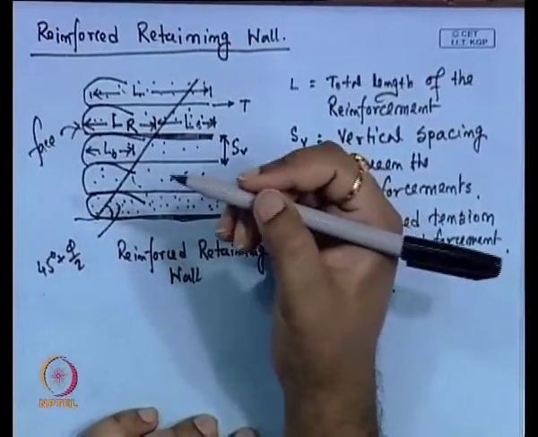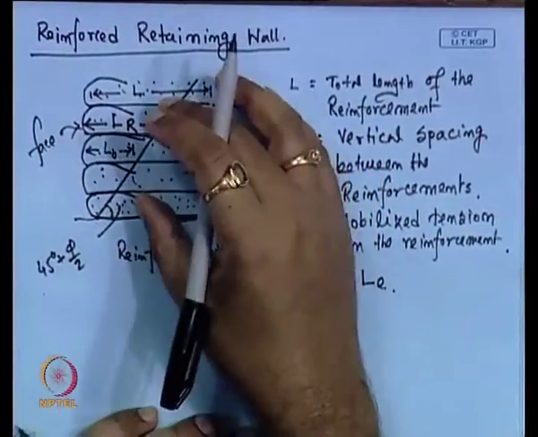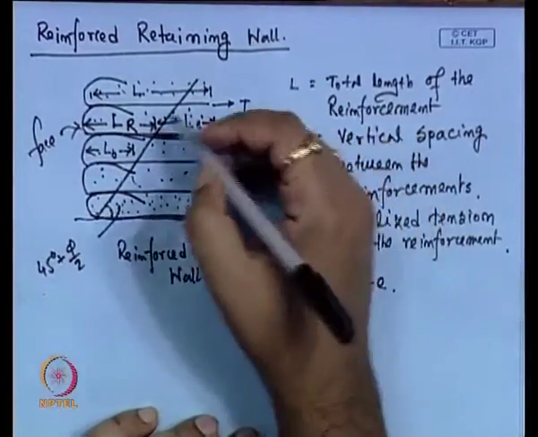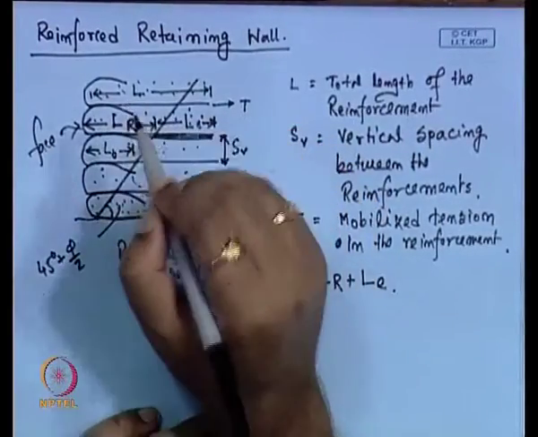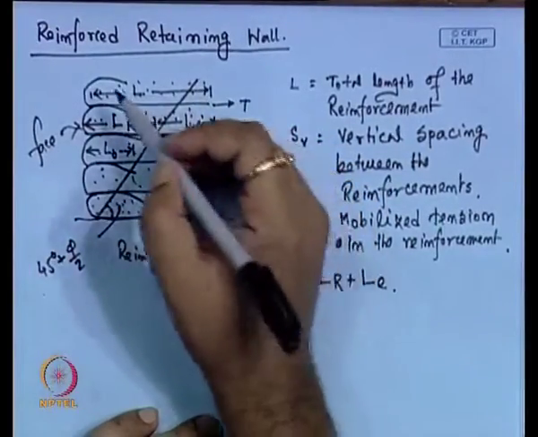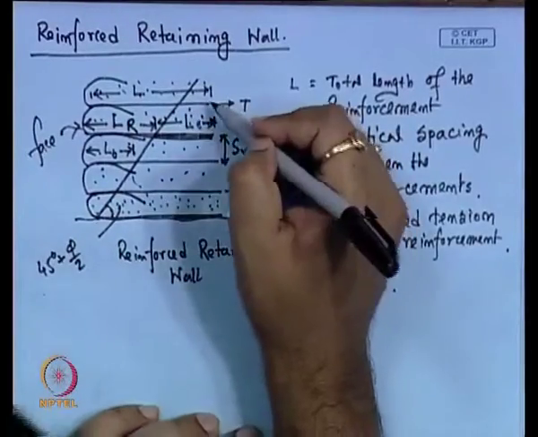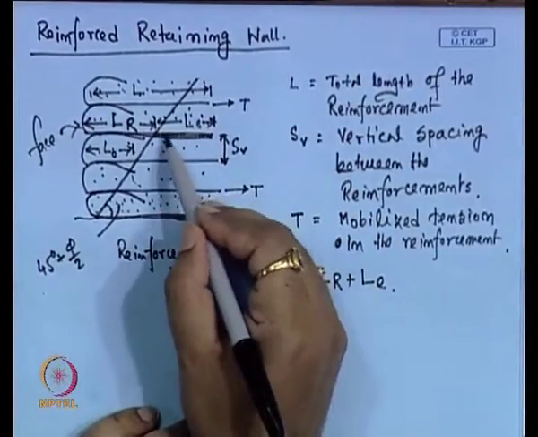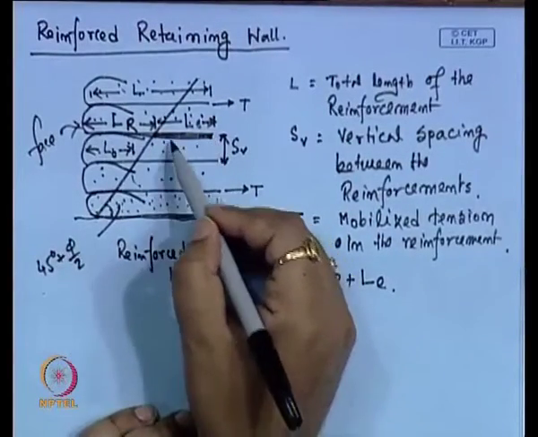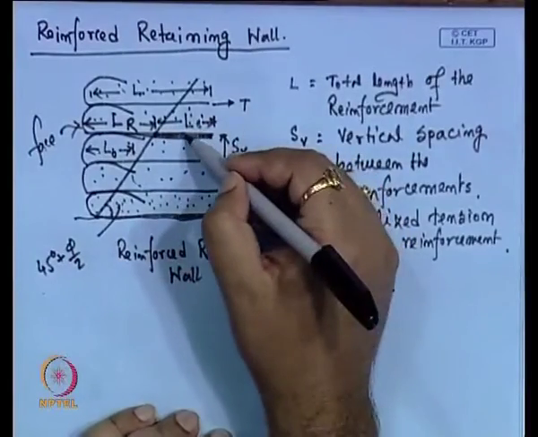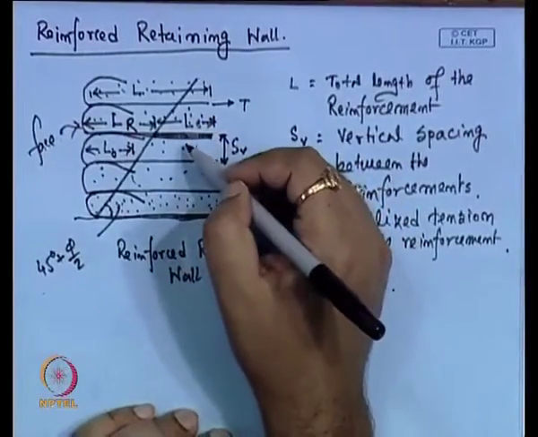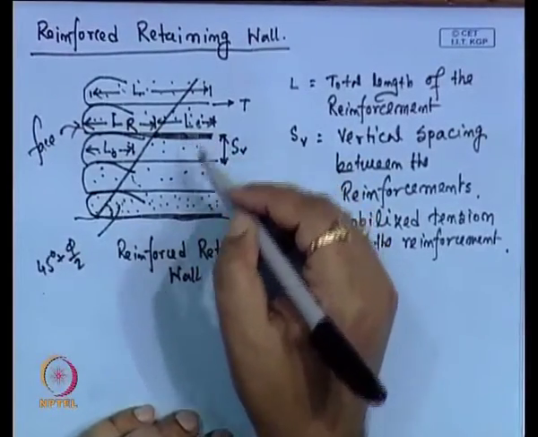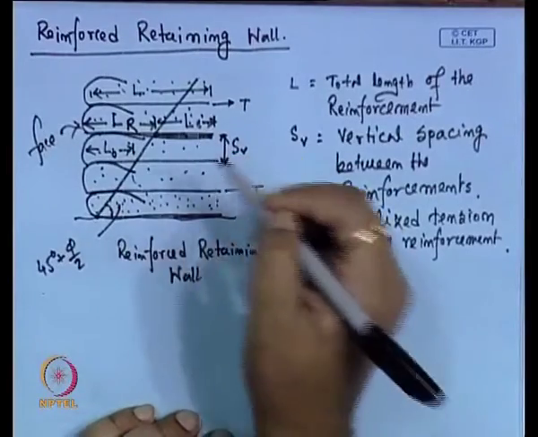Somebody has to resist this force when it is moving downward, so that it stands in a stable condition. So, who is giving this resistance? When you provide sufficient anchorage length of this reinforcement, it gets some resistance because of the soil and reinforcement interaction.